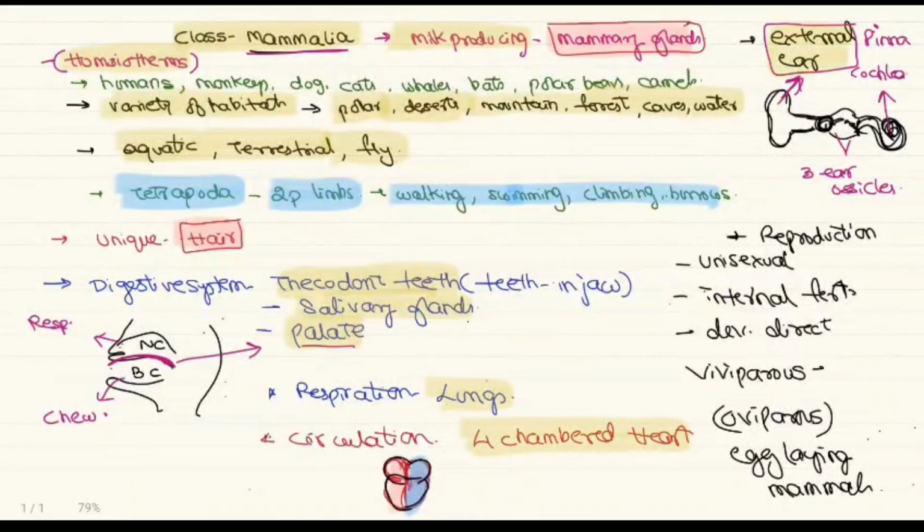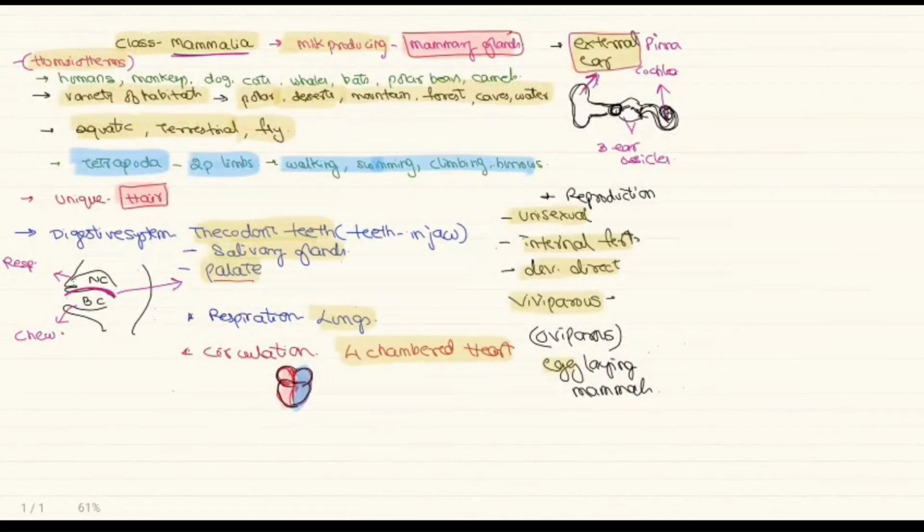A completely divided four-chambered heart helps in the circulation. In the ear, the external ear pinna is seen in mammals. Reproduction as usual, unisexual, internal fertilization, development is direct. Except for the egg-laying mammals, all the remaining mammals directly give birth to the young ones. So these are the properties of mammals.